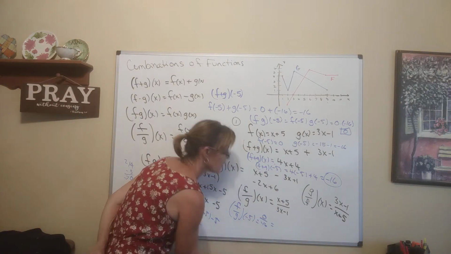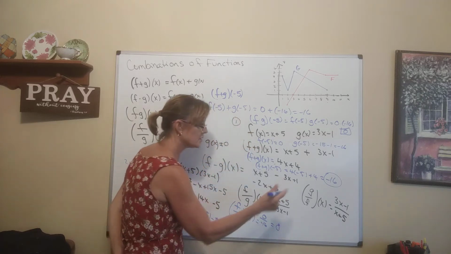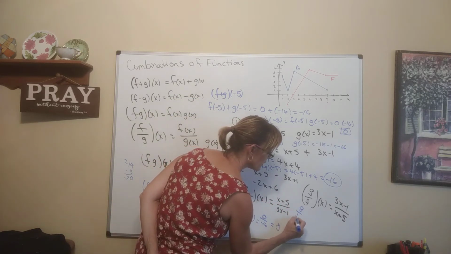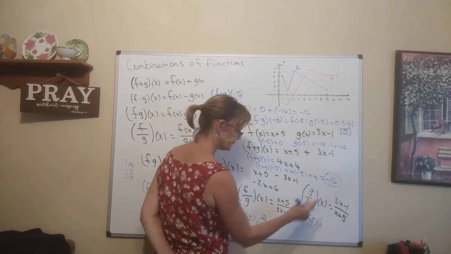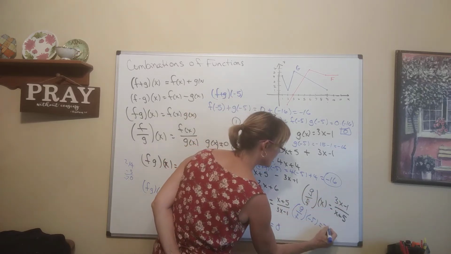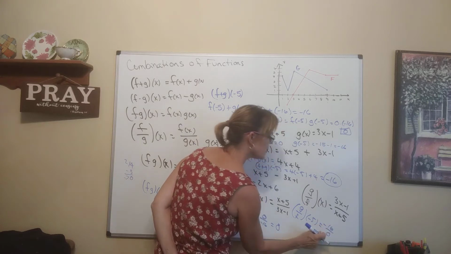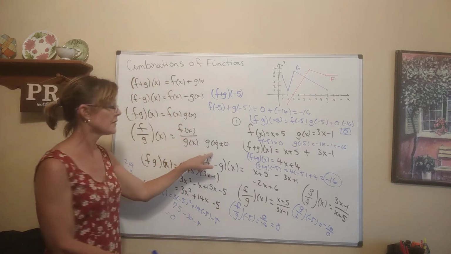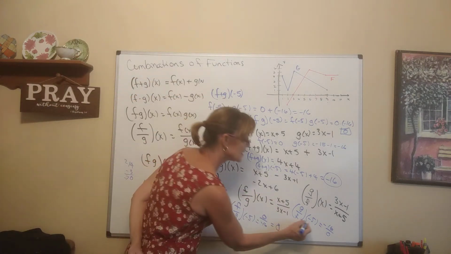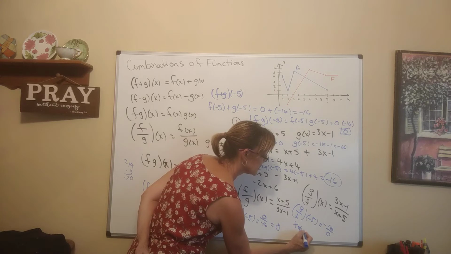So we get 0 divided by -16, which is 0. What is g over f of -5? We got -16 over 0. And this right here, that's a problem because we're not allowed to divide by 0. What this means is x is not allowed to equal -5.